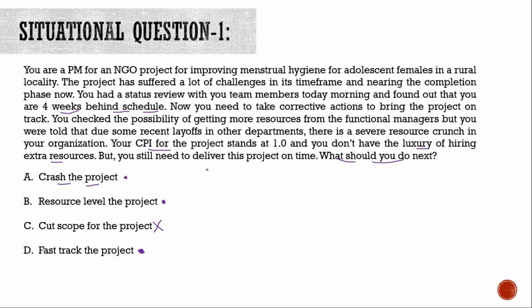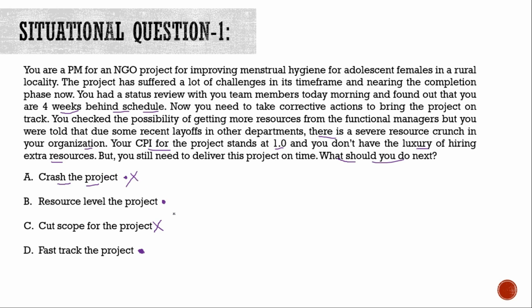And also if you see this line, that there is a severe resource crunch in your organization as well, so you cannot crash the project by hiring extra resources either from within your organization or externally. So crashing the project is a wrong option for that reason. And also crashing the project generally increases cost, but since your CPI is at 1, you can't afford to increase your cost. Okay, so crashing the project is a wrong option.